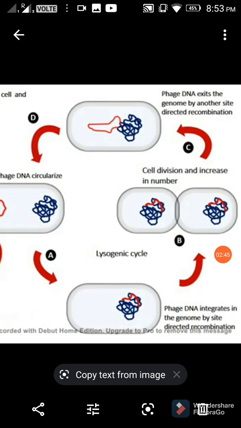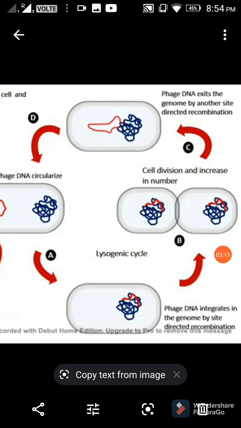This is because the phage DNA integrates itself into the host cell chromosome in the lysogenic pathway. In this state, the lambda DNA is called a prophage. Just remember this important point: the lambda DNA at this stage is called a prophage, and it stays resident within the host cell genome without any apparent harm to the host cell.